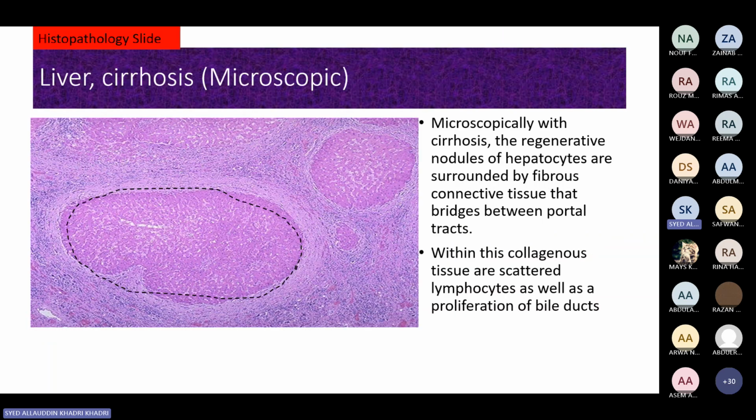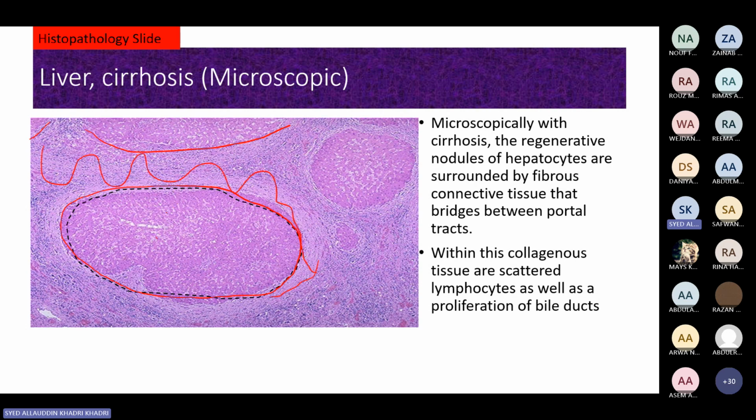Now we go to the same cirrhosis of the liver under the microscope, the histopathology slides. You can see this area, and this area, all these fibrous bands.